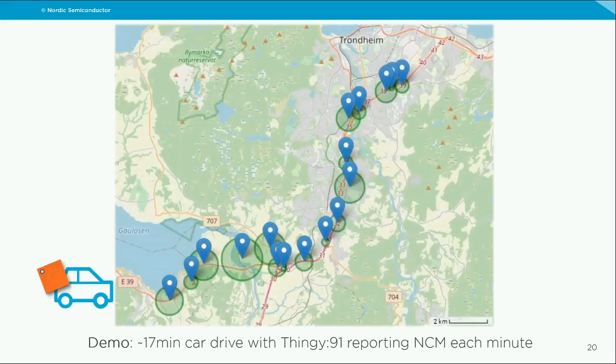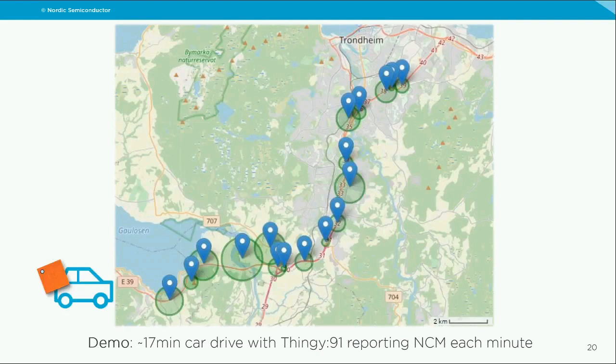This is a car driving around with the Thingy:91. It drives around for around 17 minutes, running an application on the Thingy:91, reporting the neighbor cell measurements each minute, and sends this out to an LTE location service, and you get back these location areas here for each point.